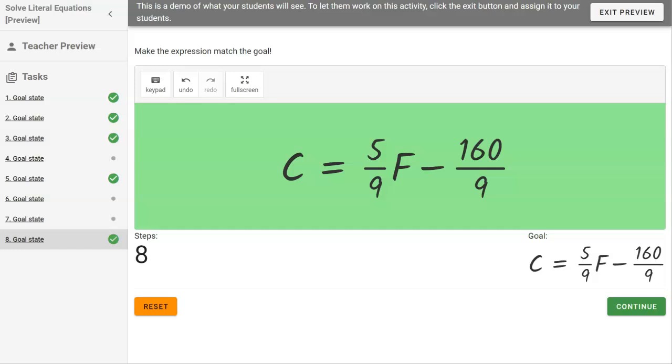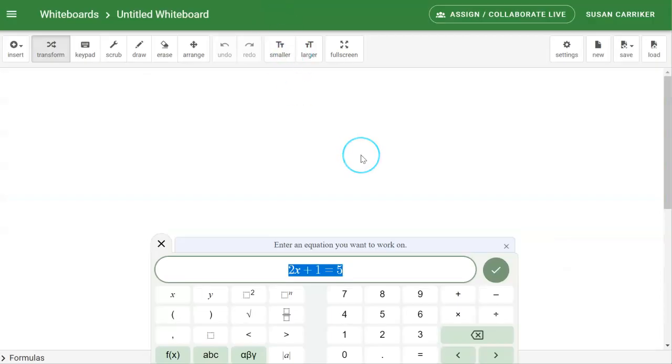So like I said before, if students need to solve, one way to do that is just to go to math.new, and they're going to see this, and then they can put their formulas in.